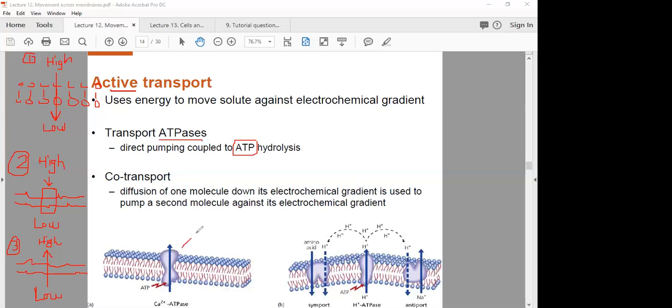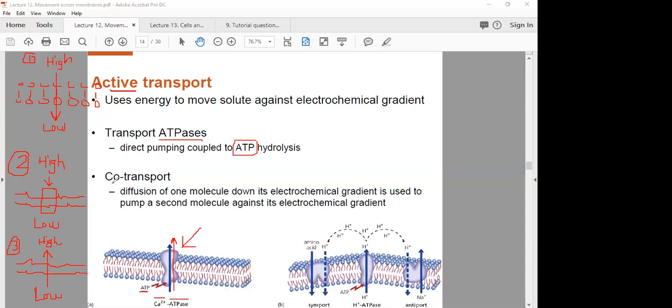Here's an example down here. This membrane transporter is an ATPase, and it is specific for the transport of calcium ions. It requires energy from ATP, so ATP has to be hydrolyzed to ADP in order to push or directly pump calcium against its concentration gradient across the membrane.